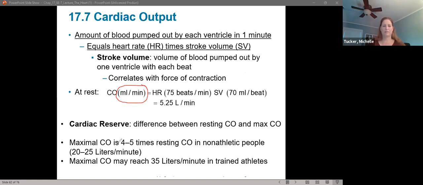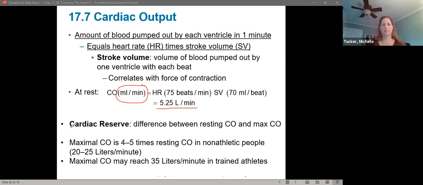Resting cardiac output is about 5 liters a minute. And then when we're exercising, it can go up to 20 to 25 in sedentary people or up to 35 in trained athletes.